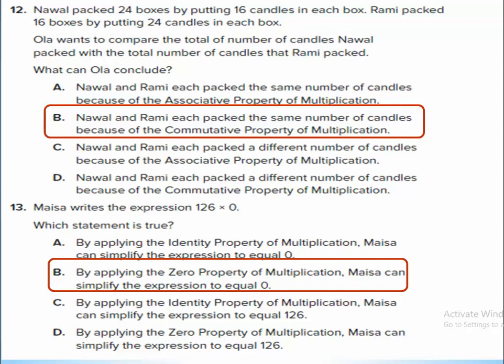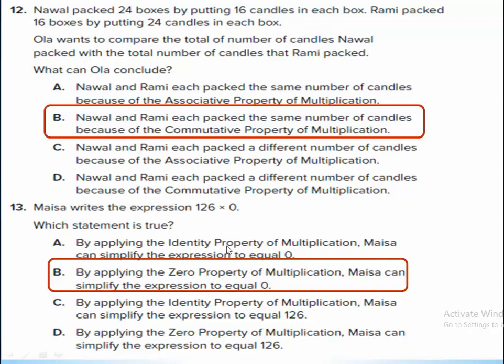First one, the identity element of multiplication is 1, not 0, so we consider letter A wrong. The right answer is by applying the zero property of multiplication, Maisa can simplify the expression to equal 0.